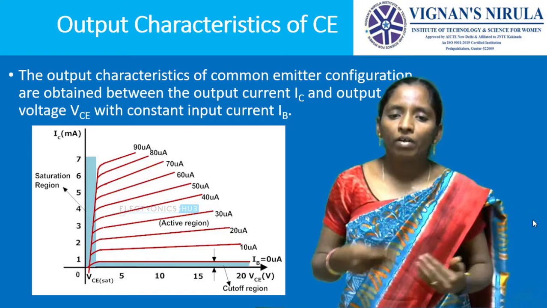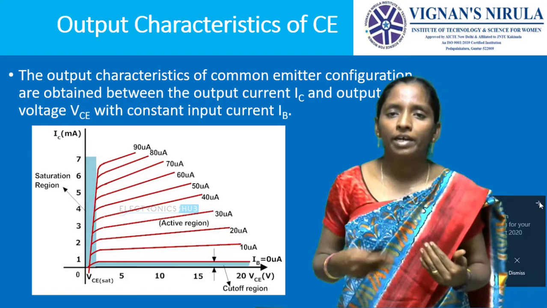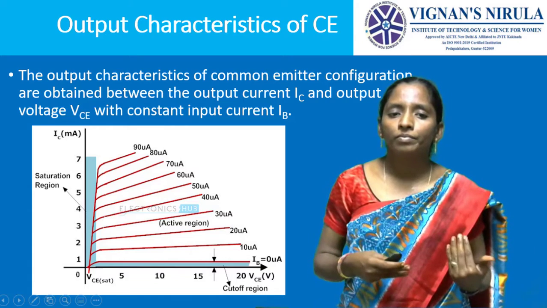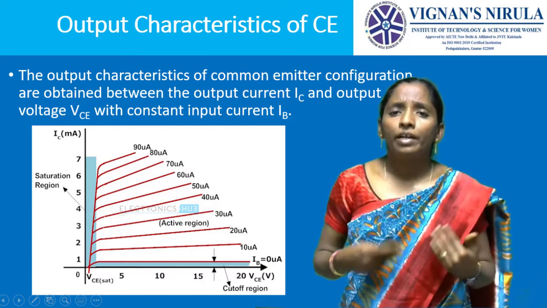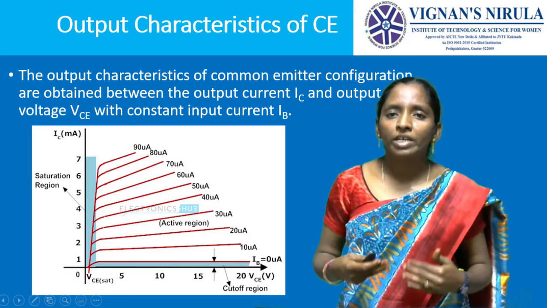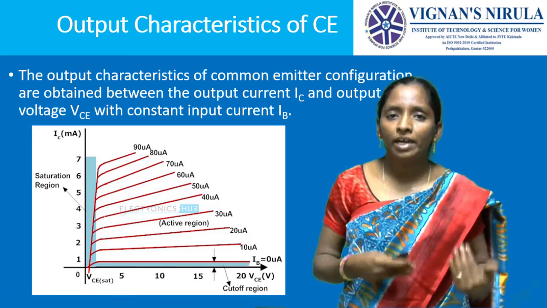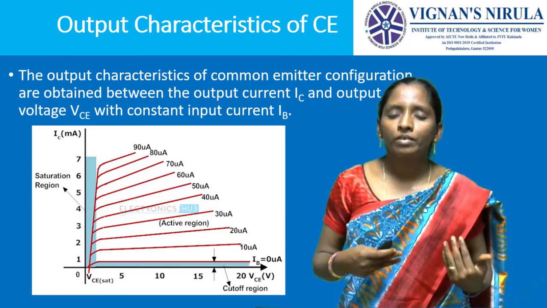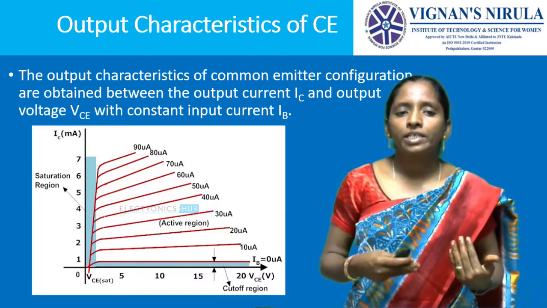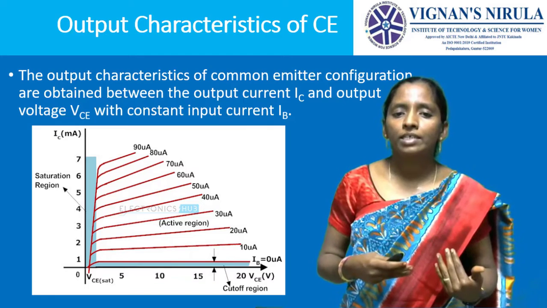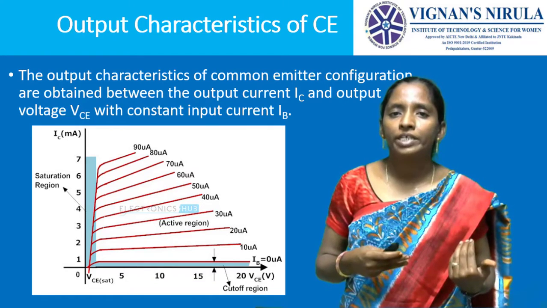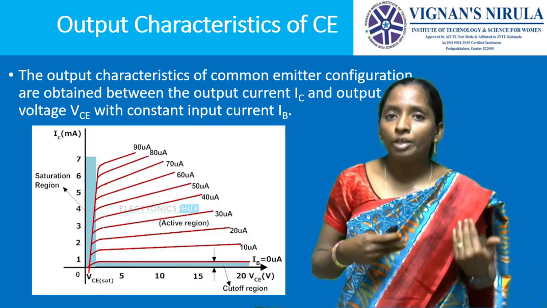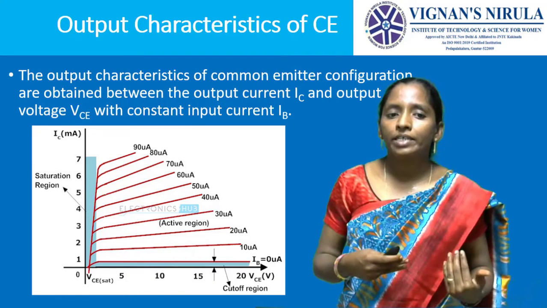Here draw a graph between the output voltage VCE and the output current IC, and keep the input current constant. The output characteristics of the common emitter configuration are obtained by keeping the input current constant.